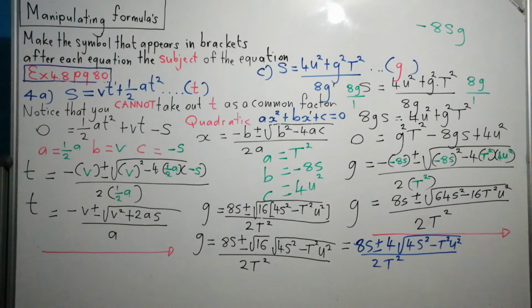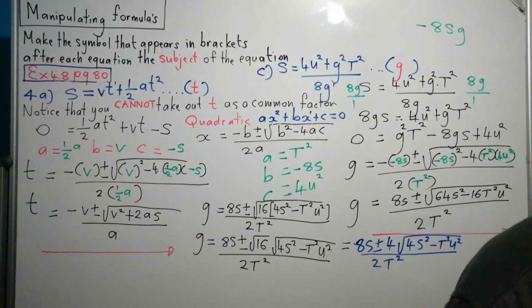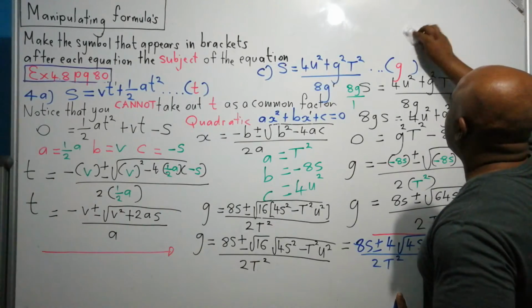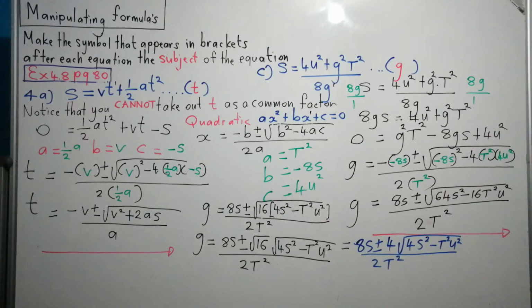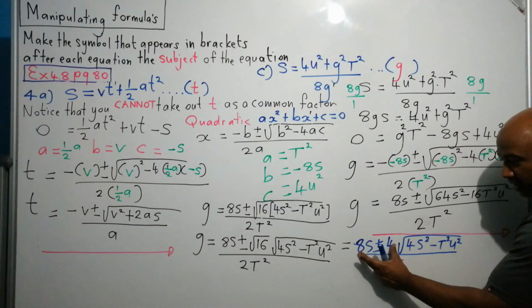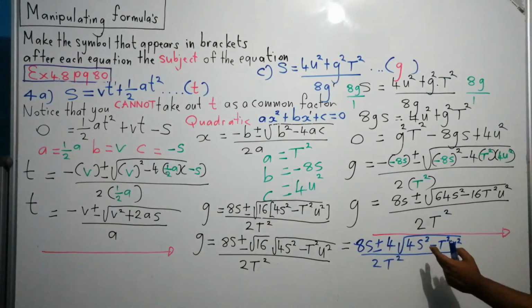Okay, so now let me just write it on the top here since I don't have space. Okay, so simplifying further, what do you notice here? I've got 4 and I've got 8, so I can pull out a common factor since there are two terms here.